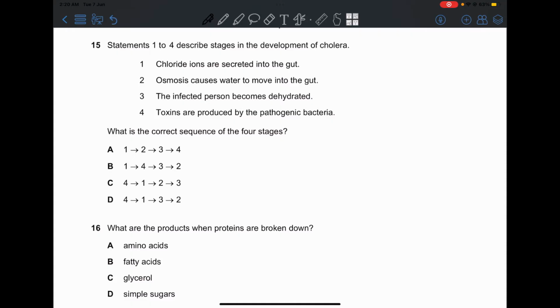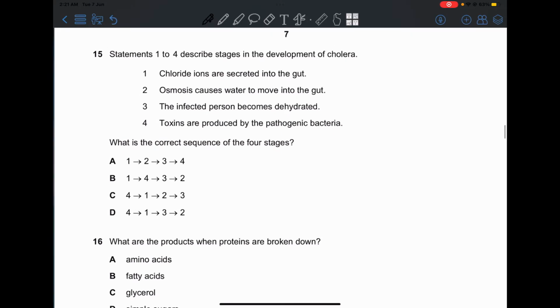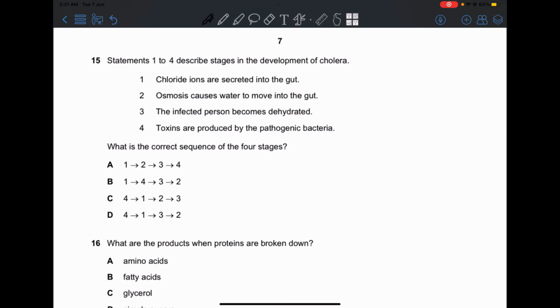And 4 says toxins are produced by the pathogenic bacteria. Now, chloride ions are not going to be just secreted out of nowhere without something stimulating it, such as toxins. As we know, toxins stimulate the chloride ions to be secreted from the stomach or small intestine. So over here, we're going to be starting from 4.